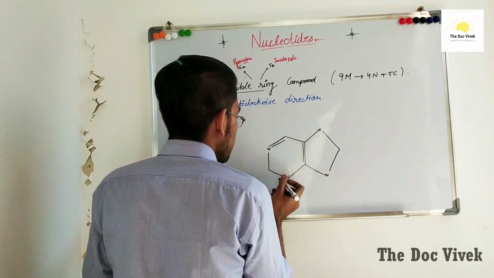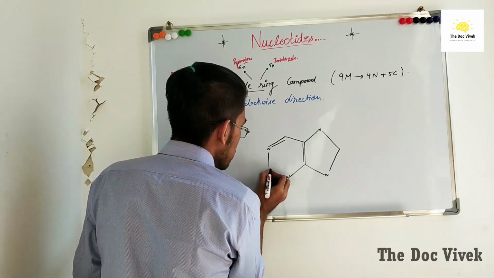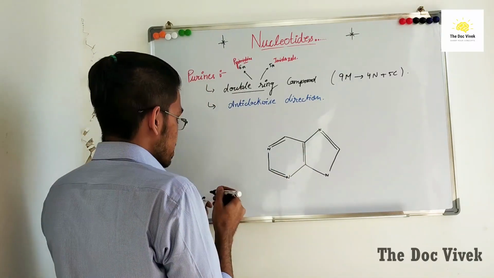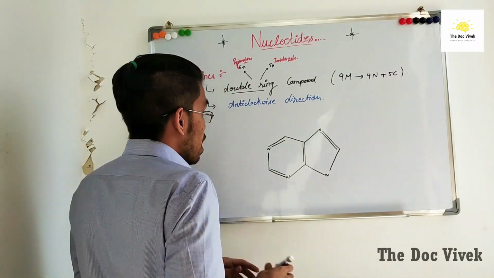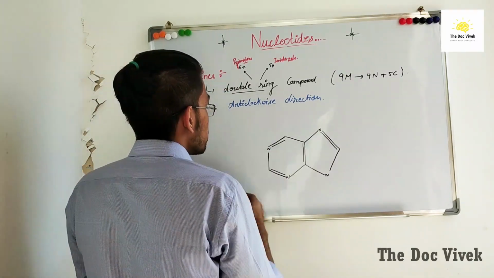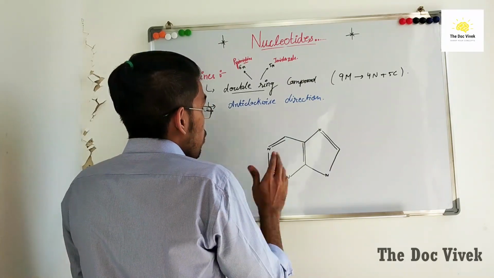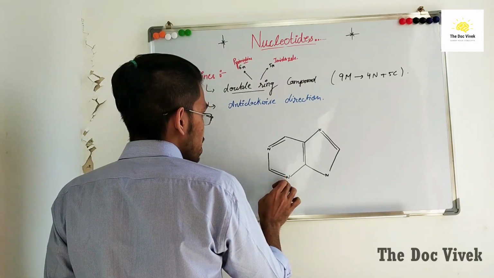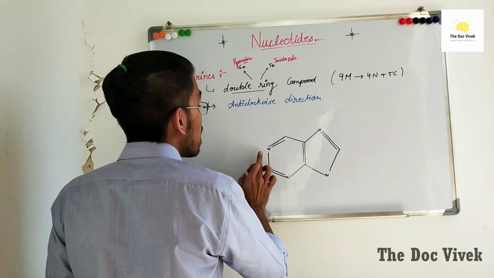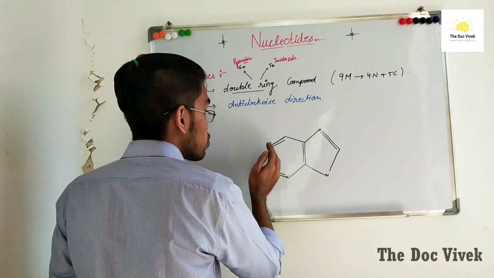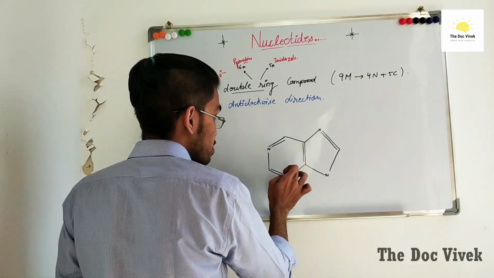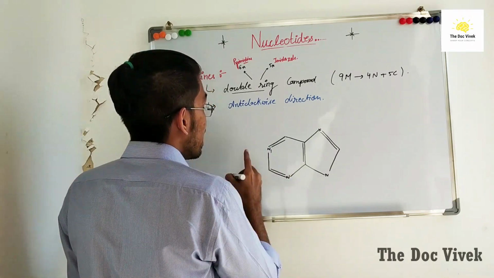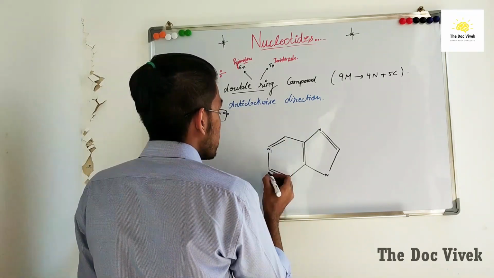Okay. So let me balance their valencies. So this is the structure. Now how will we do the numbering of this structure? We will not start the numbering from the nitrogen on the apex, but from the nitrogen which is on the upper side or on the sides of the ring. Not on the apex. So the numbering starts from this nitrogen and goes anti-clockwise.